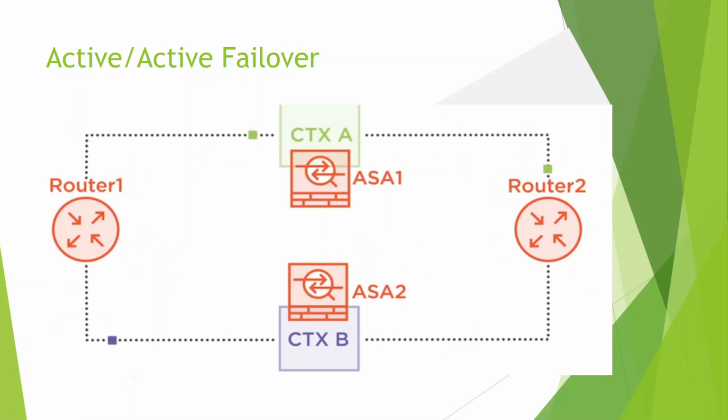So we can load balance traffic. We can send some traffic through CTX-A on ASA1 while we send other flows of traffic through ASA2 CTX-B.